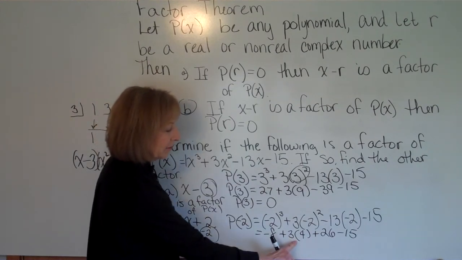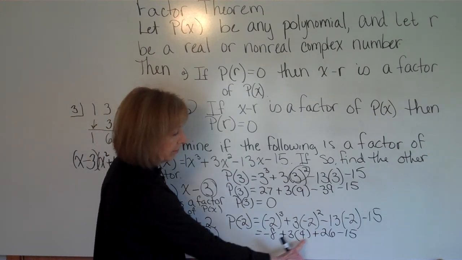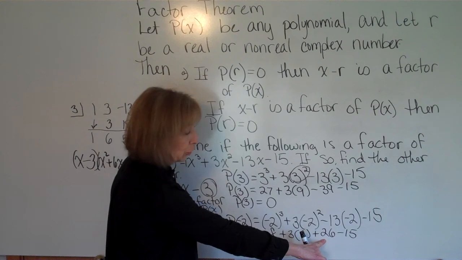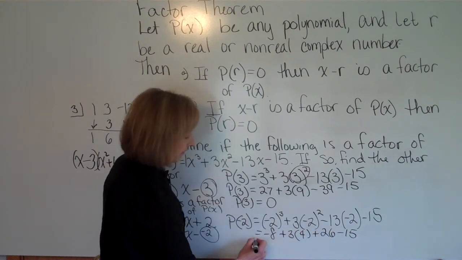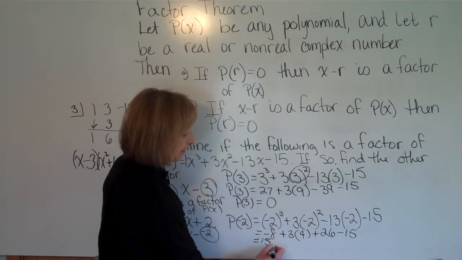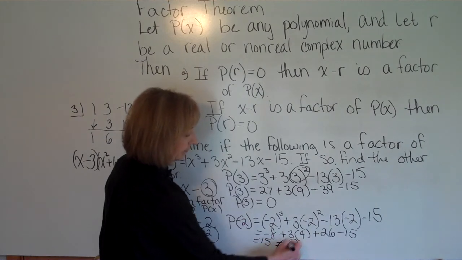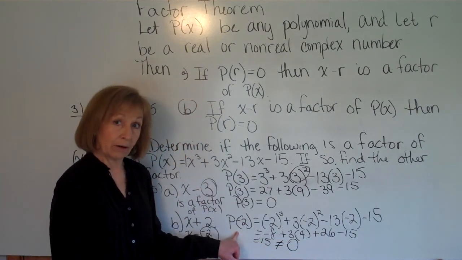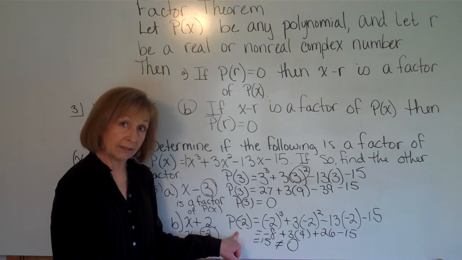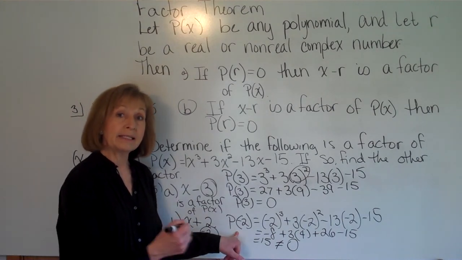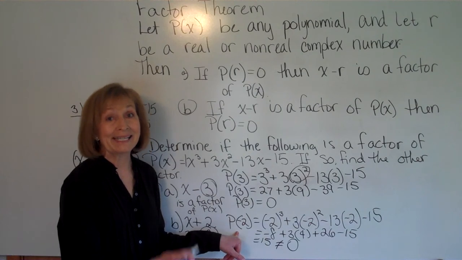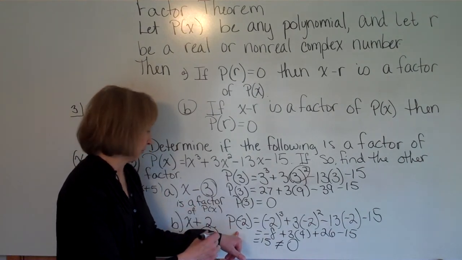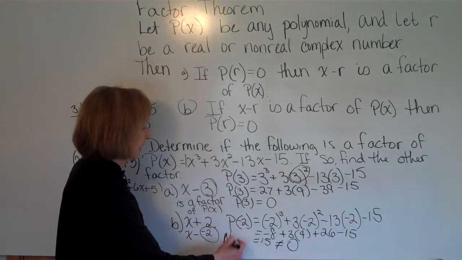So I have negative 8 plus 12 is 4. 4 plus 26 is 30. 30 minus 15 is 15, which is not 0. And since I didn't get a 0 by running negative 2 through the polynomial, then x minus negative 2 or x plus 2 is not a factor of the polynomial. So this one is no, it's not a factor.